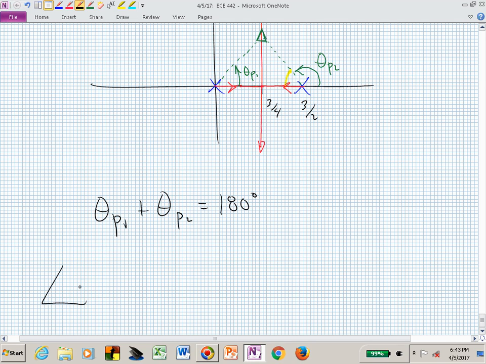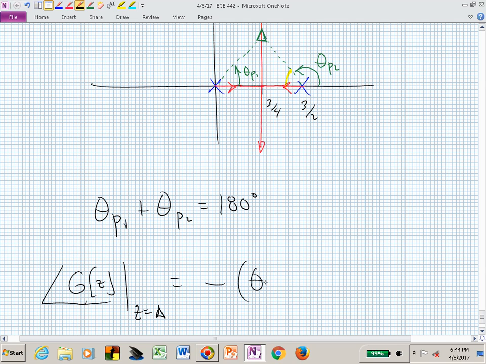So if I now compute the angle of G at Z equal to the triangle, what do I know? How many finite zeros do I have? I don't have any, do I? I don't have any finite zeros. So I don't need to worry about the zero angles contribution. What about my poles? I now subtract those because they're in the denominator.